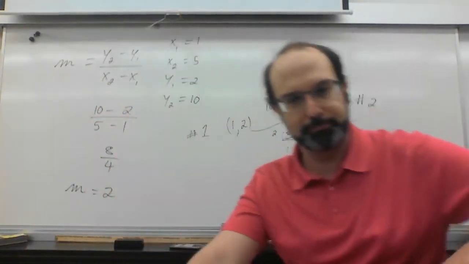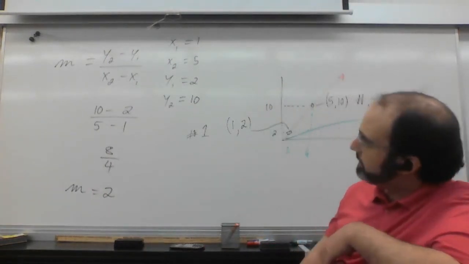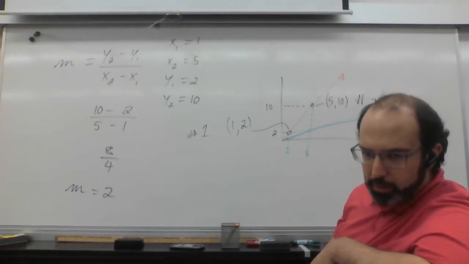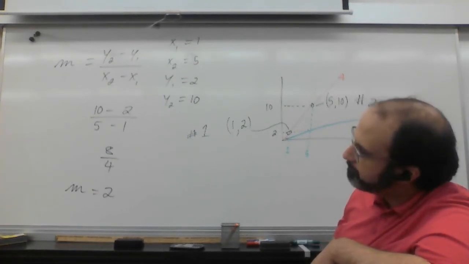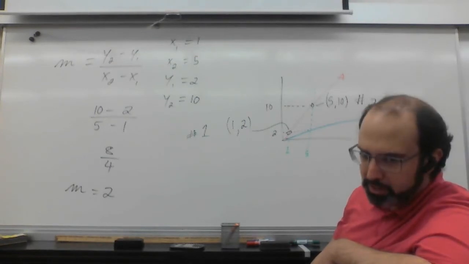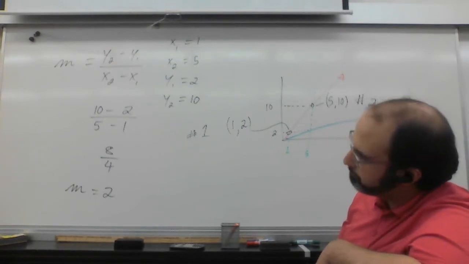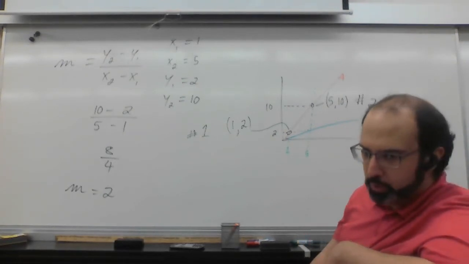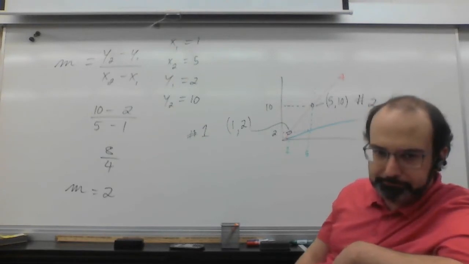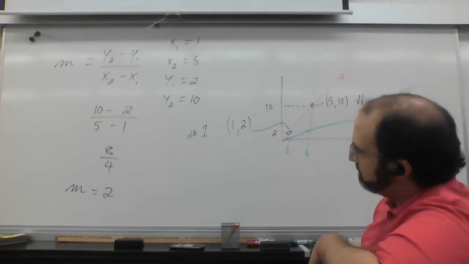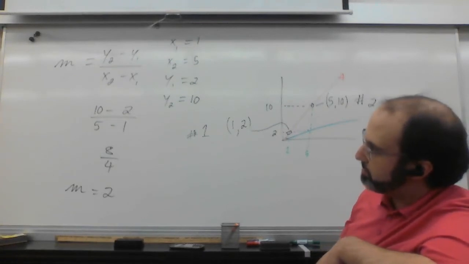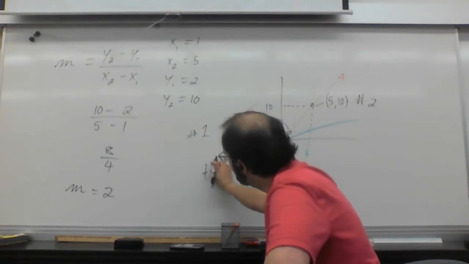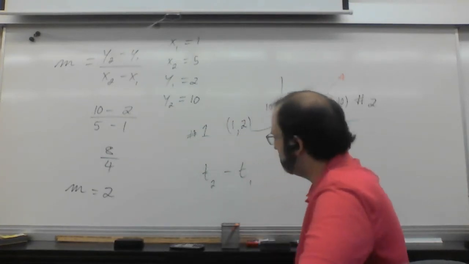Now, there might be something here that a couple eagle-eyed people in the audience may have noticed. y2 minus y1. x2 minus x1. Where have we seen 2 minus 1? Where have we seen something like that? Maybe if I rewrite it in another way, instead of y2 minus y1, have you seen something like this? t2 minus t1?